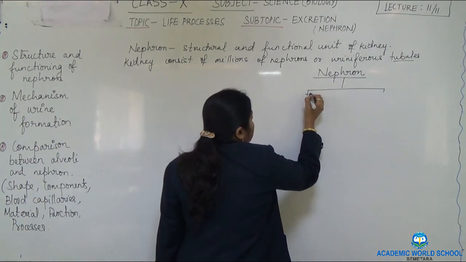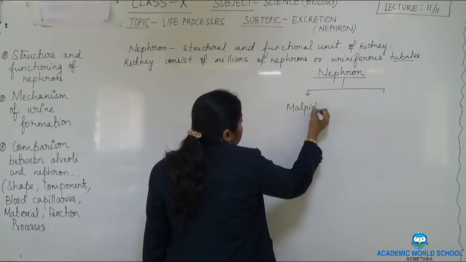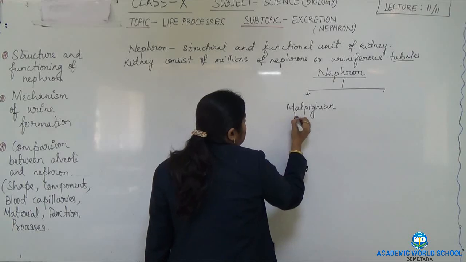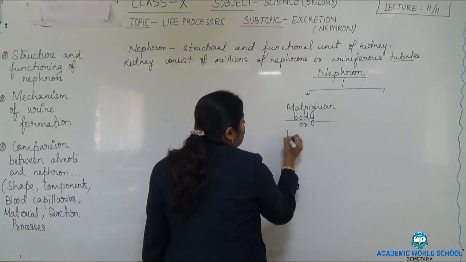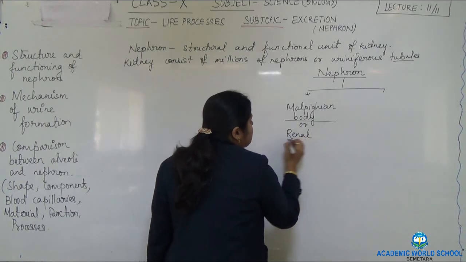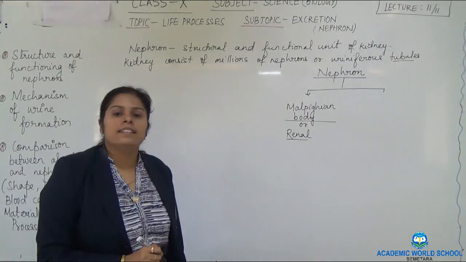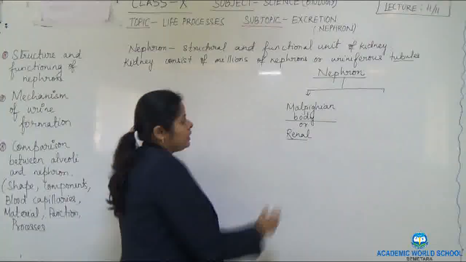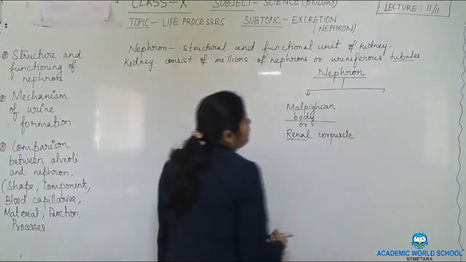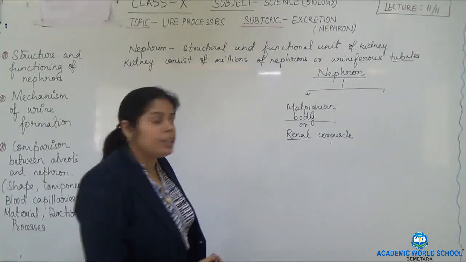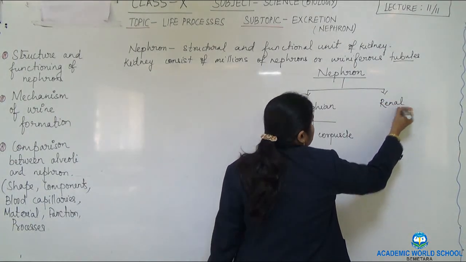The first part is called Malpighian body or Malpighian corpuscle. It is also called renal corpuscle. I told you in the previous class, whenever we find the word renal, we understand that it is associated with kidney. And the second part consists of tubes, which we call renal tubule.